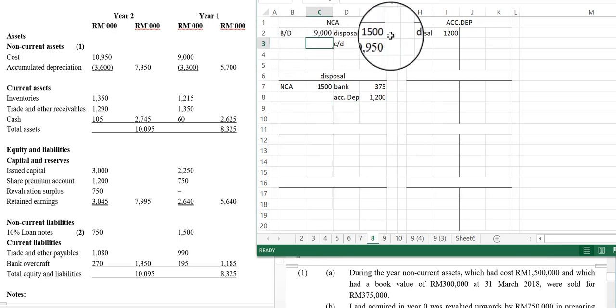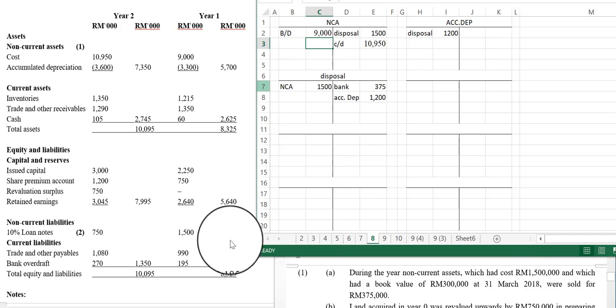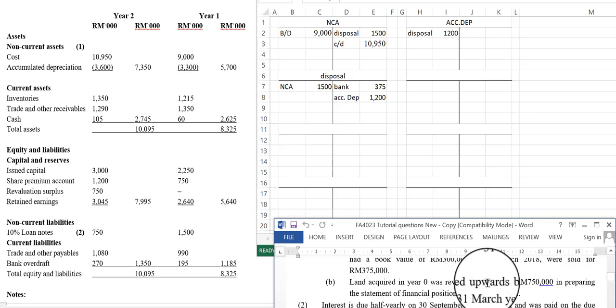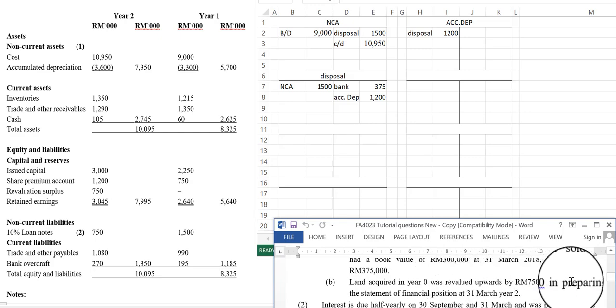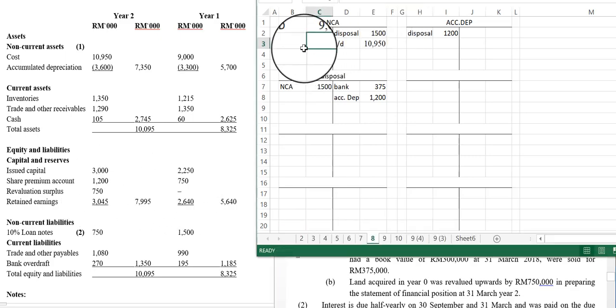So if you look at here, the balancing figures in your non-current asset accounts, according to the questions, in B, this says that land acquired in year 0 was revalued upward by 750 in preparing the income statement for the year 2. So it means that these revaluations, initially it was 0, but now in year 2 it becomes 750.